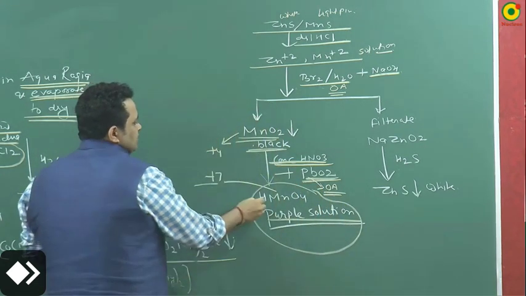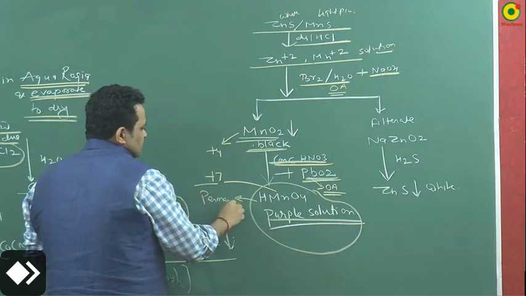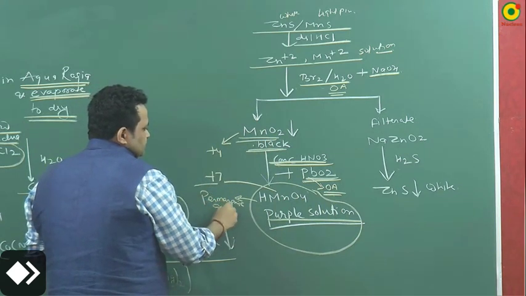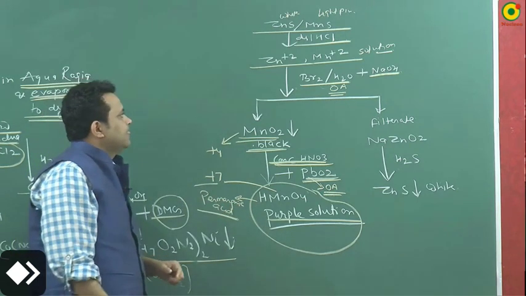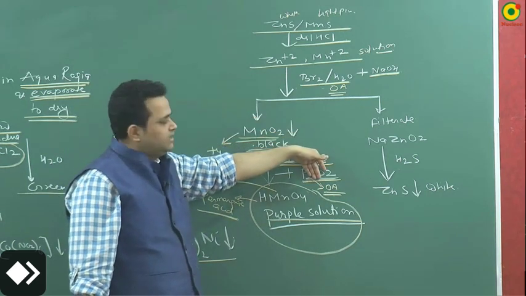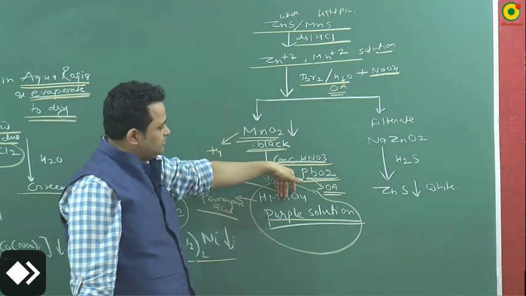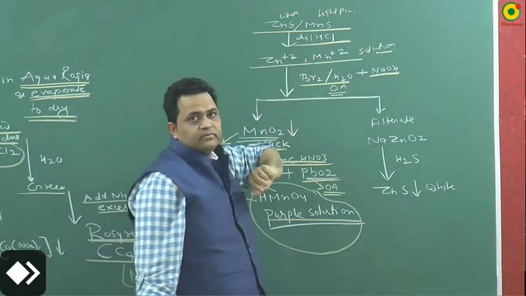This is called permanganic acid. So the black precipitate is dissolved in concentrated HNO3, PbO2 is added, further oxidized into HMnO4, and a purple solution is formed. This was the testing for Mn+2.